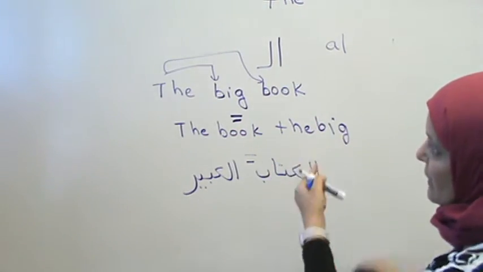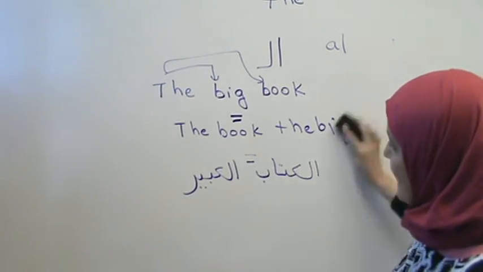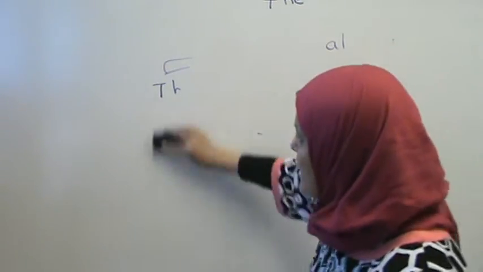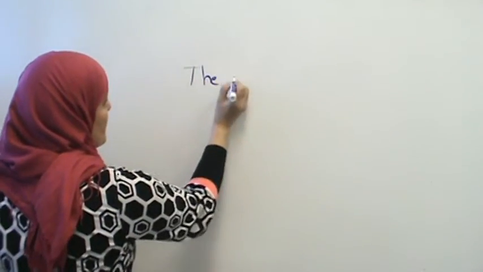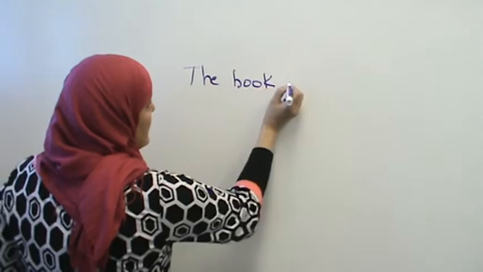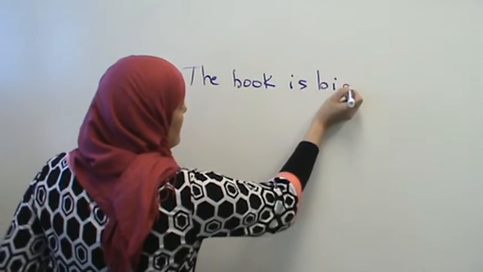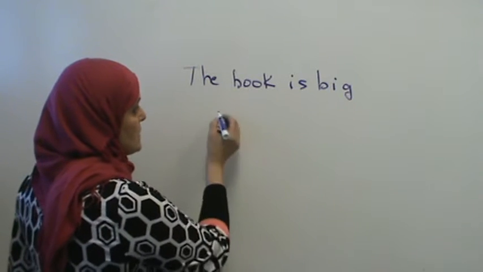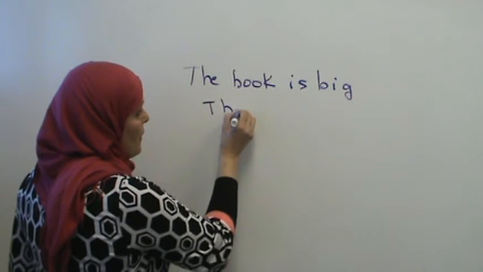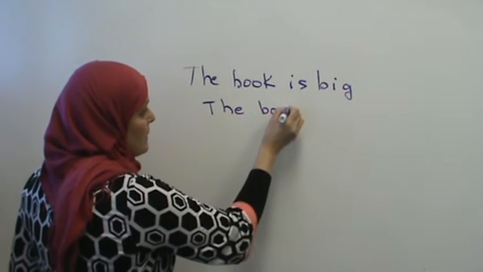So we went from the big book, al-kitab al-kabir. Now I want to describe this book with is, like the book is big. Again, the wrong English is: the book big.